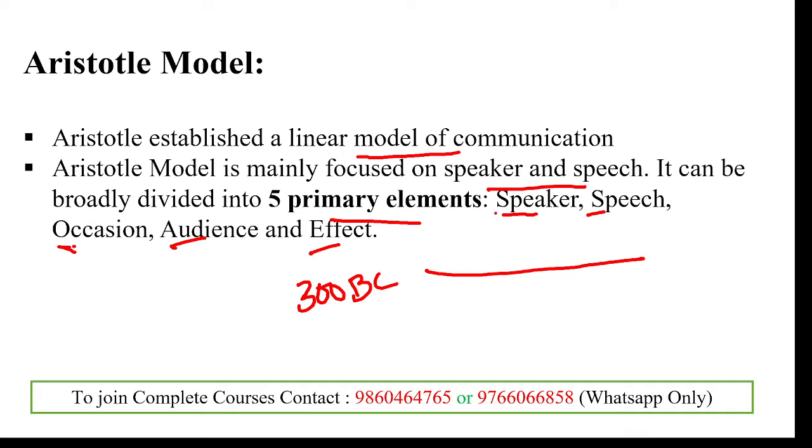You can see this type of communication in mass communication. This model speaks about mass communication, when a speaker speaks on a particular occasion to the audience, and it creates some effect. Those are the five important elements under Aristotle. So you can easily recall mass communication or public communication, and easily get the five primary elements under the Aristotle model.